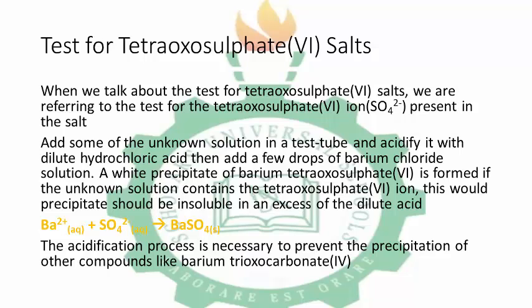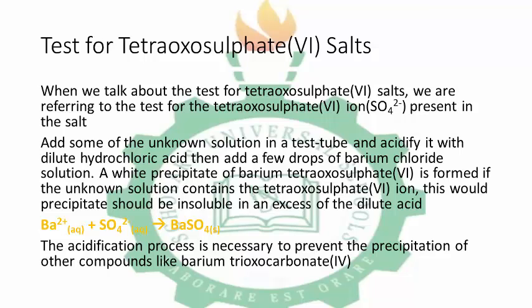Now don't forget I said barium tetraoxosulphate(VI) salt is insoluble in water. If the unknown solution contains the tetraoxosulphate(VI) ion, this would precipitate. This precipitate would be insoluble in excess of the acid. That means when we have an unknown compound and we don't know what it is, you put it in your test tube, then you acidify it.